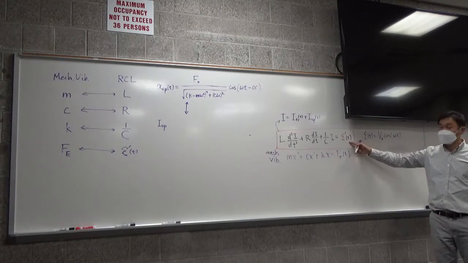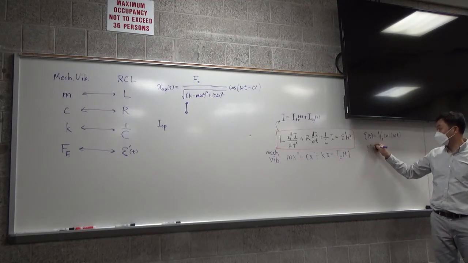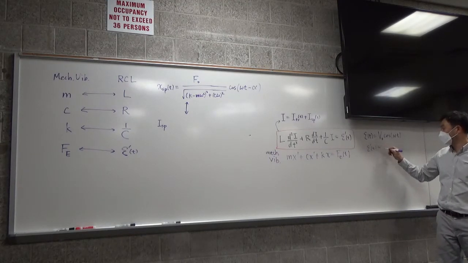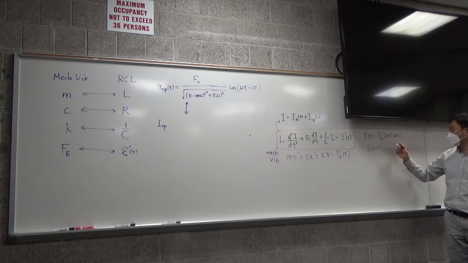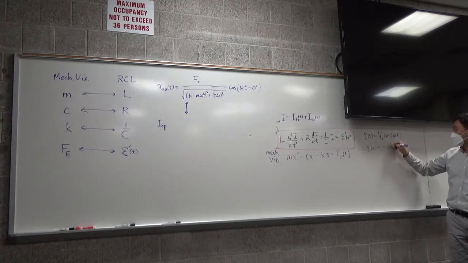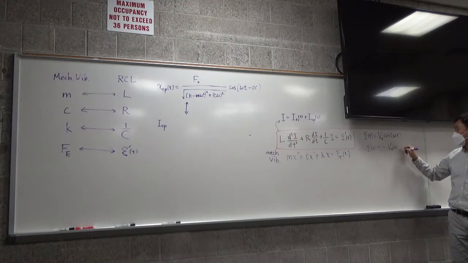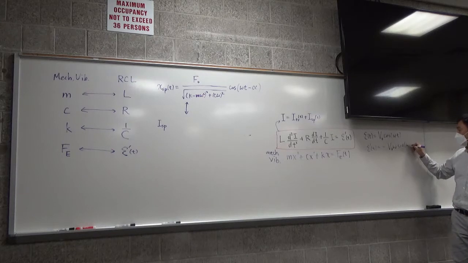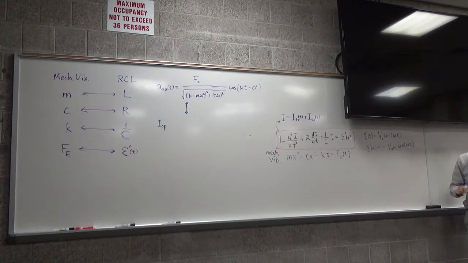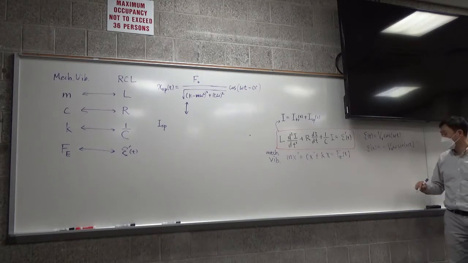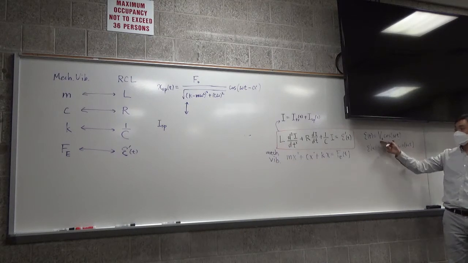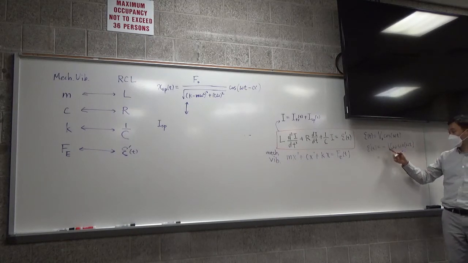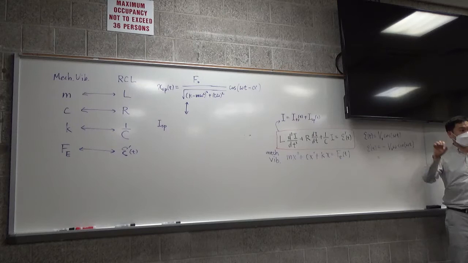And then because we have to differentiate it, omega comes out and cosine differentiates to negative sine, so you end up with negative V0 omega sine omega t. You know, this is a sinusoidal curve, that's a sinusoidal curve.